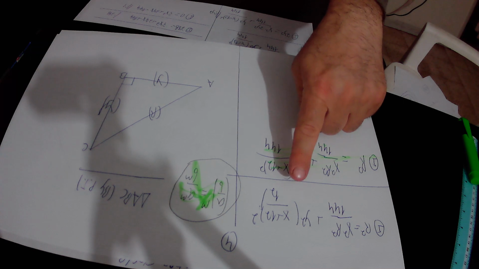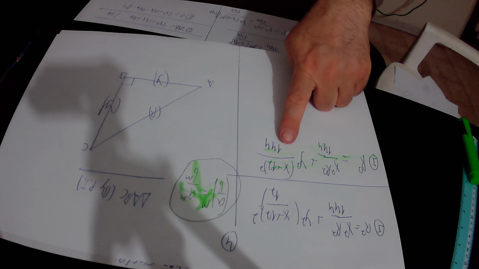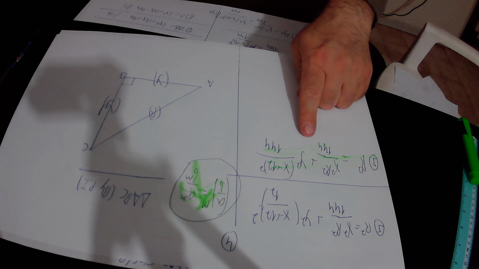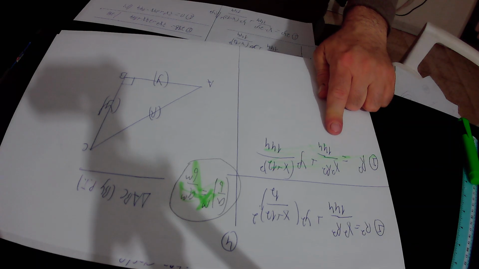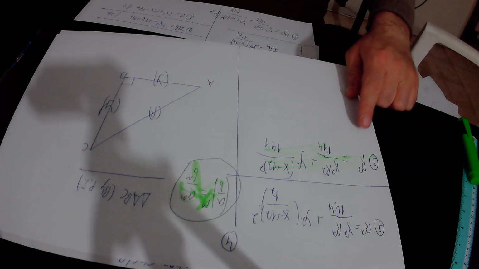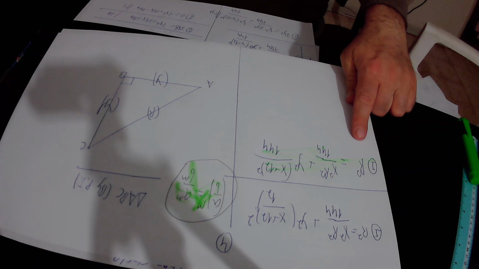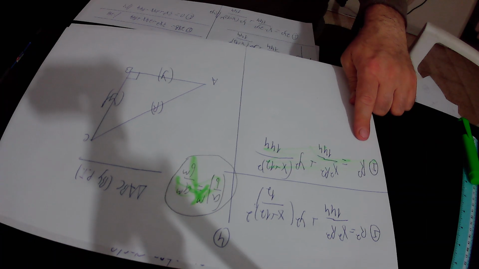So this expression in total will be equal to (x plus 12) squared over 144 times y squared plus x squared times r squared over 144. This is equal to r squared, according to equation 1.